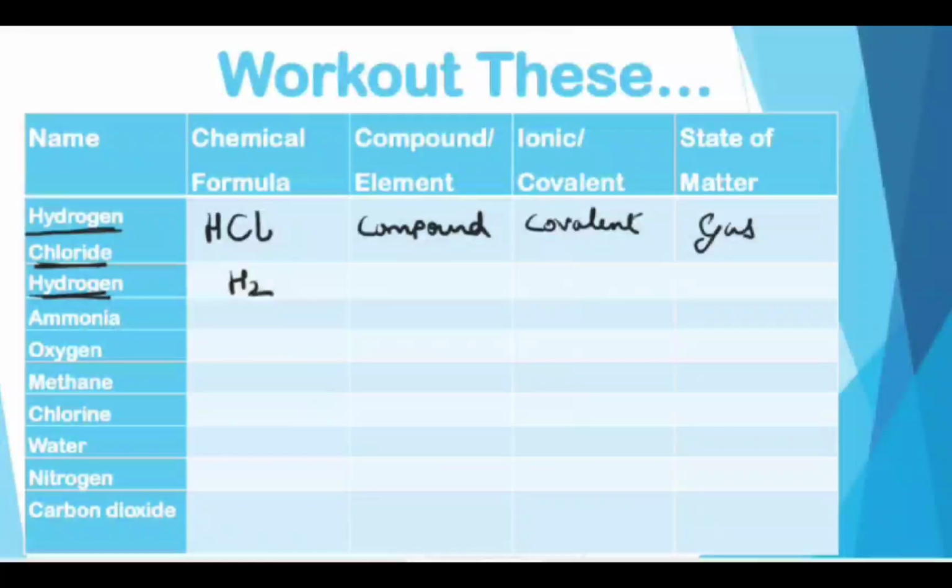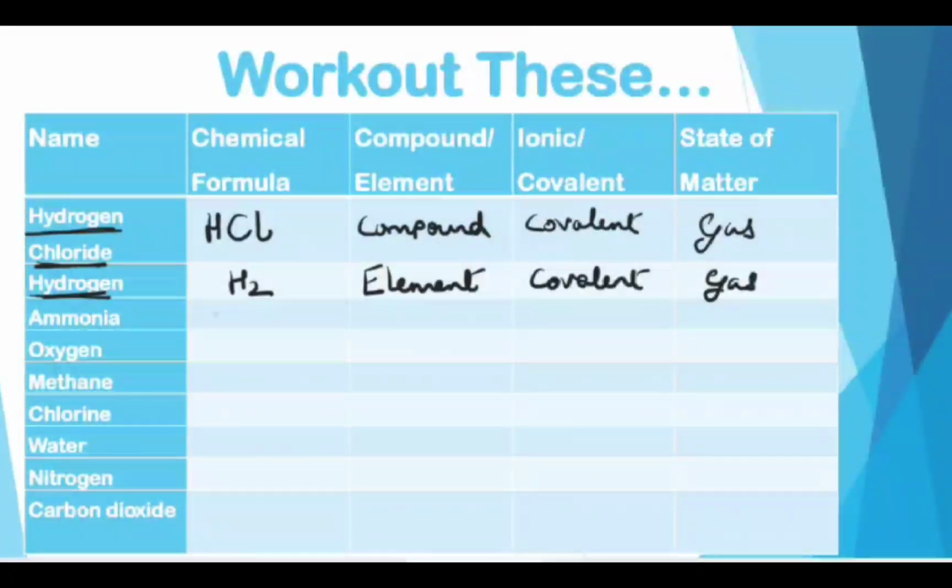Remember, children, the symbol is H, but in the atmosphere in a free state it exists as H2. Same type of atoms, hence it is an element. Bond is a covalent bond. Sharing is covalent, and hydrogen also exists as a gas.